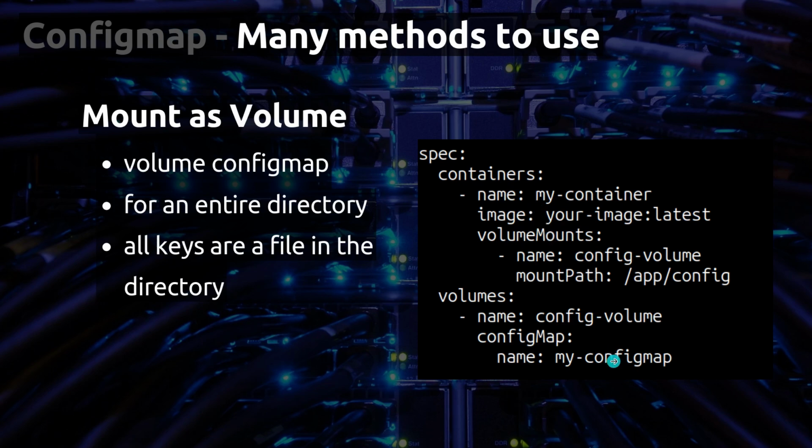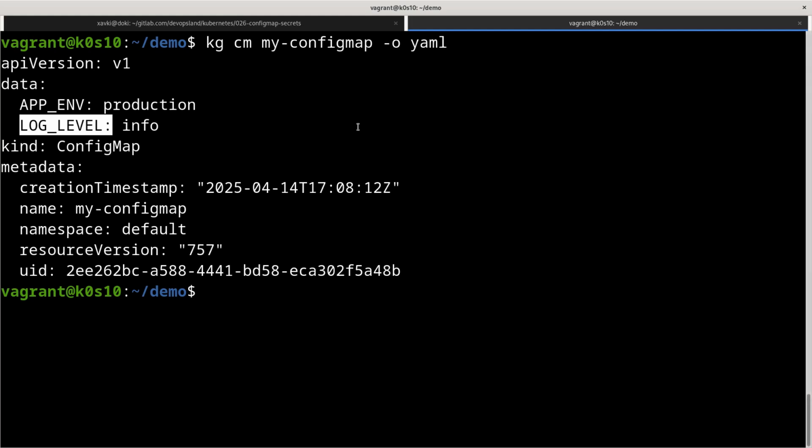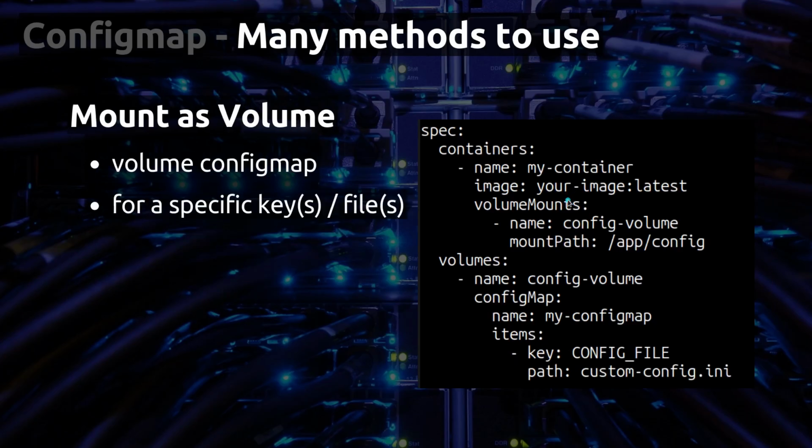And if you have, for example, multiple files inside your config map, all files will be mounted inside the volumeMount, like here, and we use the same name as we have inside volumes, so config volume here, and the mountPath for all files that we have inside the config map in this case. So inside the app config directory, we will have many files if we have many files inside our config map.